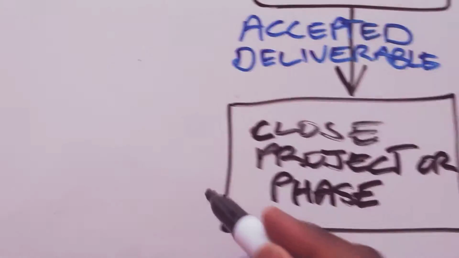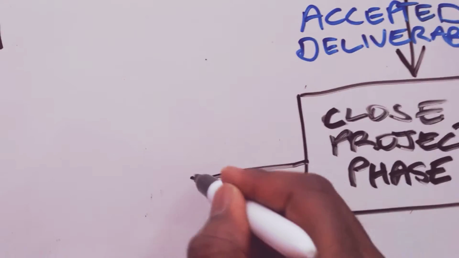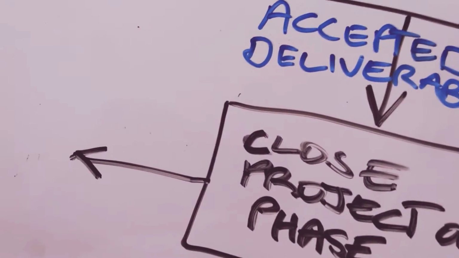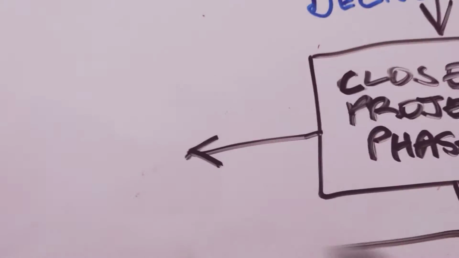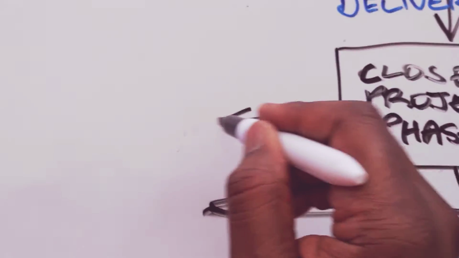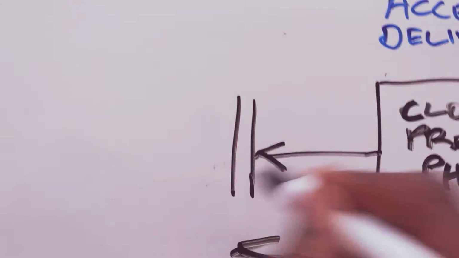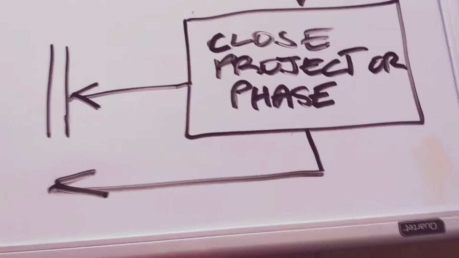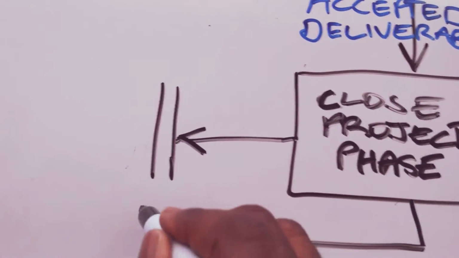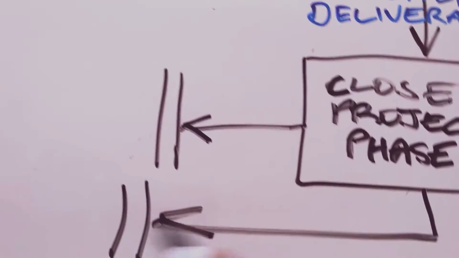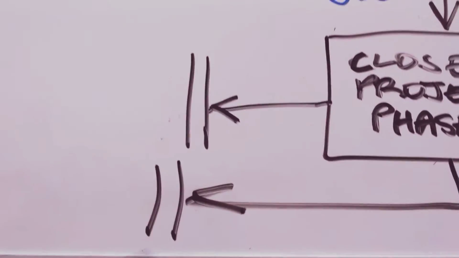So in close project or phase, we get two outputs actually that I would like to call out. So let's show them here. This one is a terminal process in that it goes to the customer, what I'm about to write, and the other one that I'm about to write here goes into the organizational process assets.